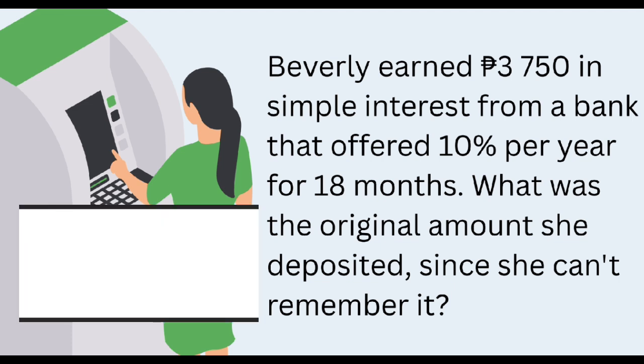So we will use the formula P is equal to I divided by R times T, wherein P is the principal, I is the simple interest, R is the rate, and T is the time. So in the given situation, the simple interest is 3,750, and we will divide it by the product of 0.1 times 1.5.